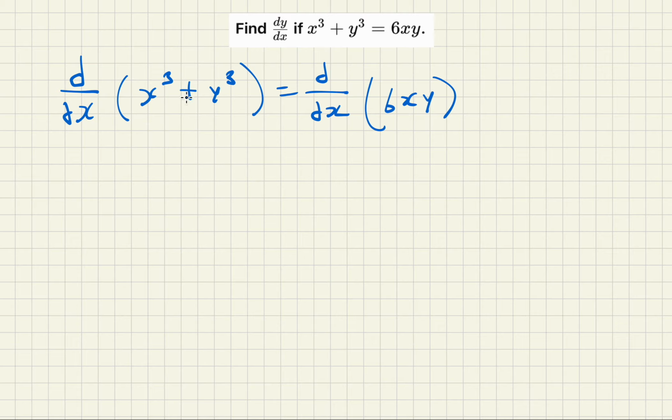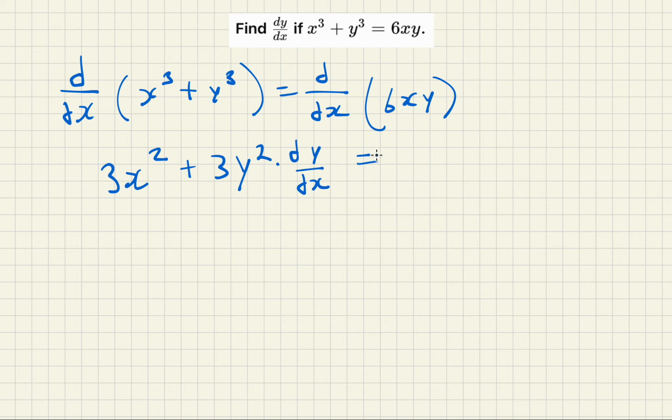And now differentiating the left side first, we get 3x squared plus 3y squared dy over dx. And that's our left side.